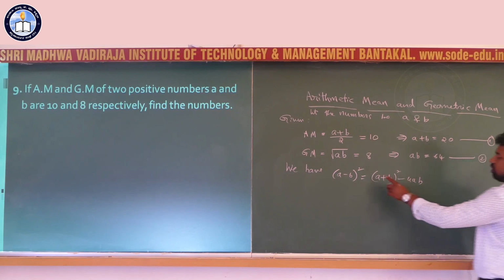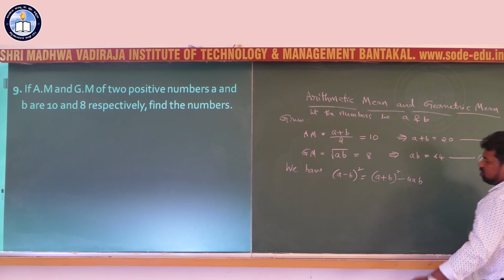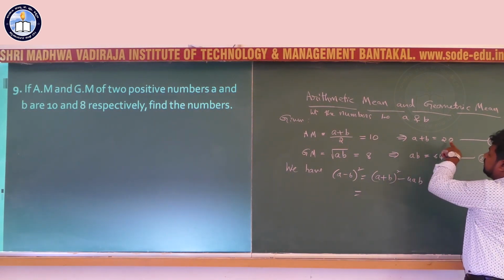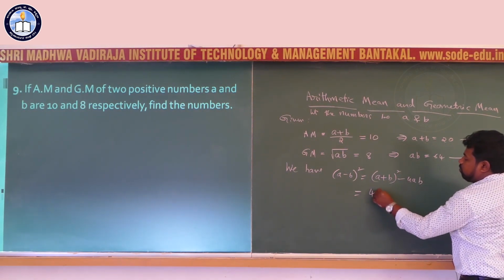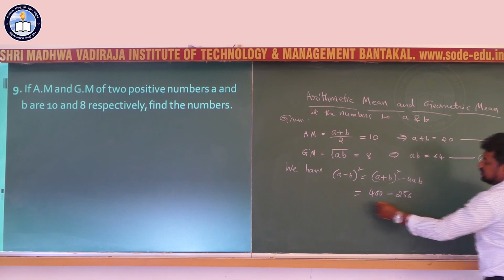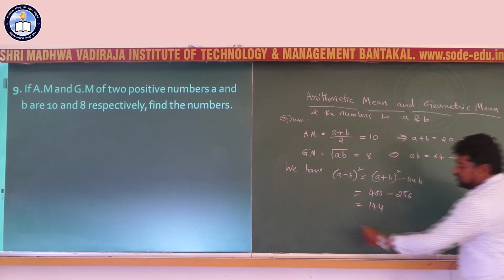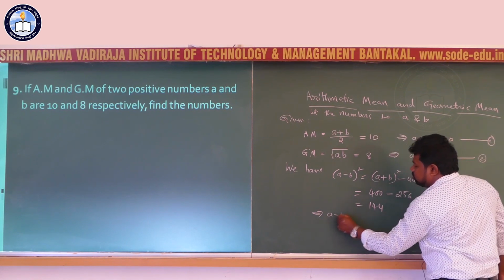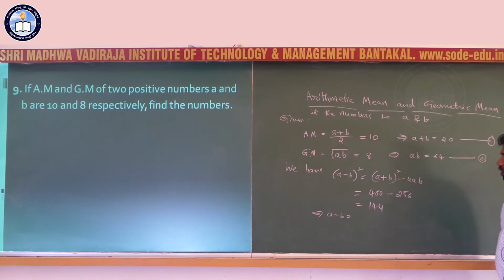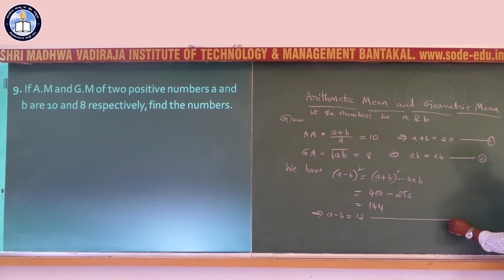Therefore a square minus 2ab plus b square, that is a minus b whole square. a plus b here is 20, square 400, minus 4ab, 4 into 64, that is 256. It implies 144. Therefore a minus b equal to square root of 144, that is 12. Call it equation 3.